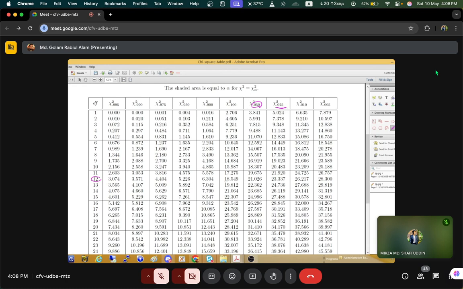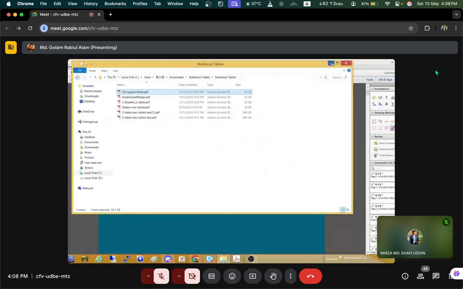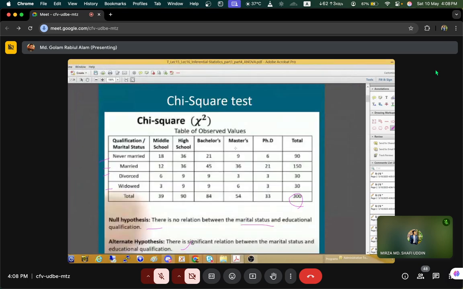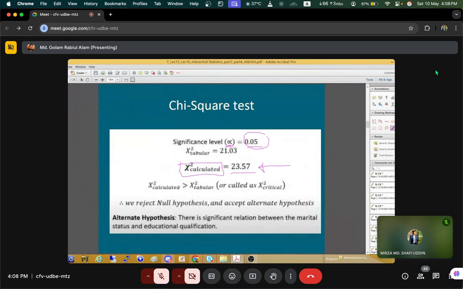And we can see that this value is 21.026. This is the chi-square statistic, or chi-square score, or chi-square tabular value, 21.03.